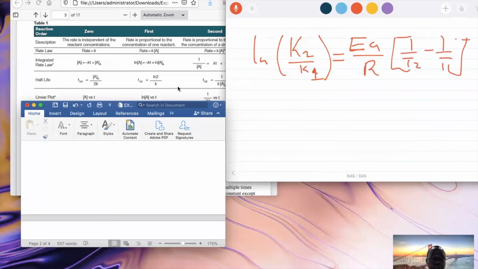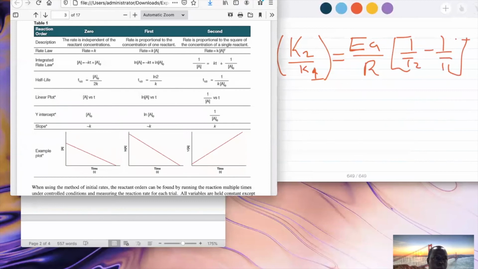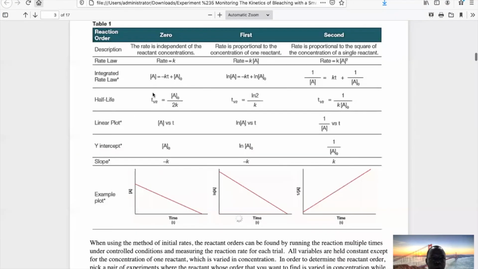It is given in the handout how the equation looks.